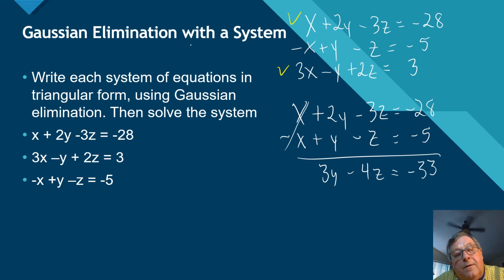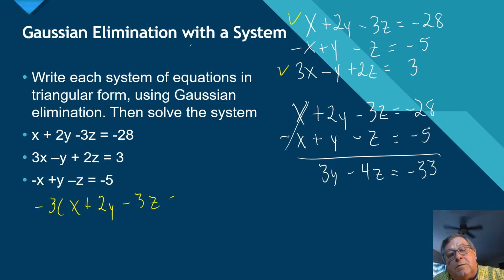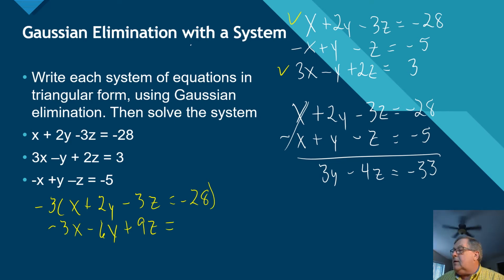I've got negative 3 times x plus 2y minus 3z equals negative 28. And that's going to yield negative 3x minus 6y plus 9z equals, and I may need a calculator, negative 3 times negative 28 equals 84.